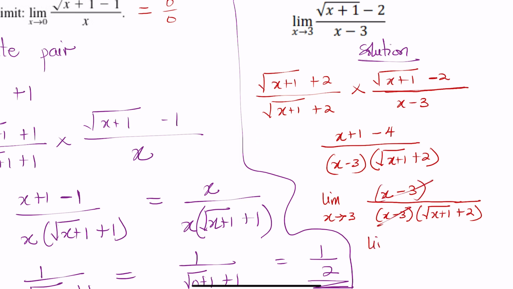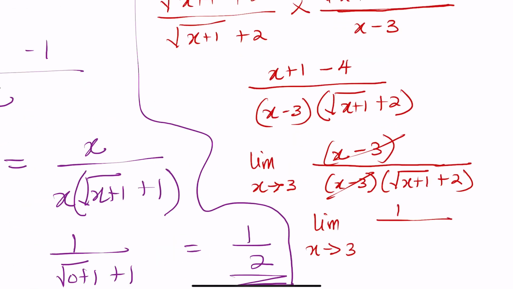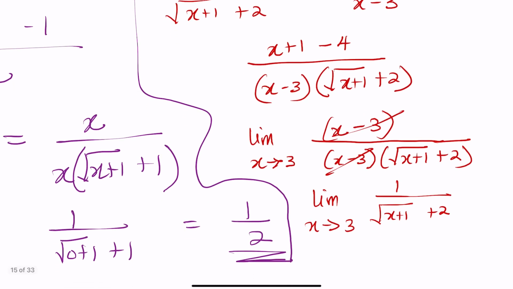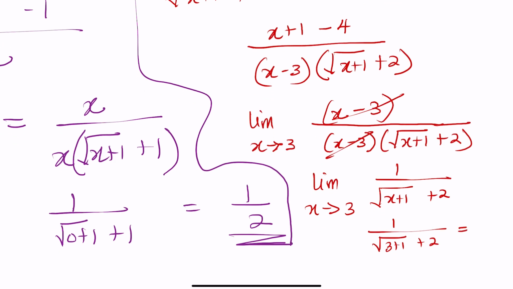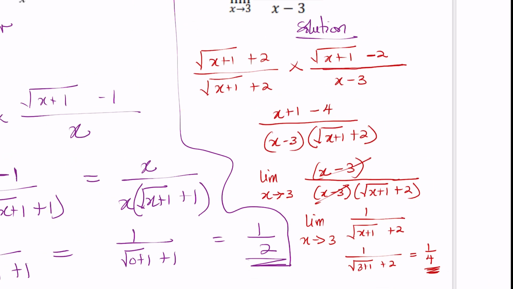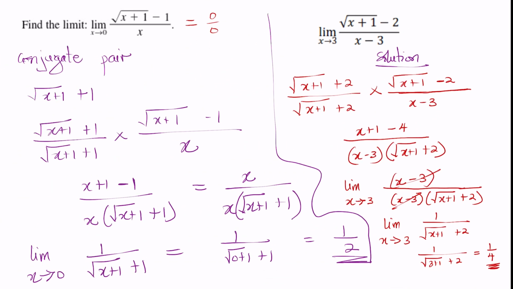We'll have the limit as x approaches 3 of 1 divided by the square root of x plus 1, plus 2. And if we substitute x equals 3, we have 1 over the square root of 3 plus 1, plus 2. And this gives us 1 over 4. So that means the limit to this is 1 over 4.